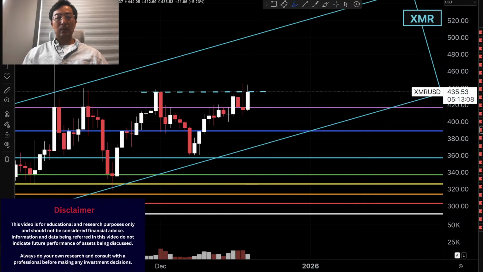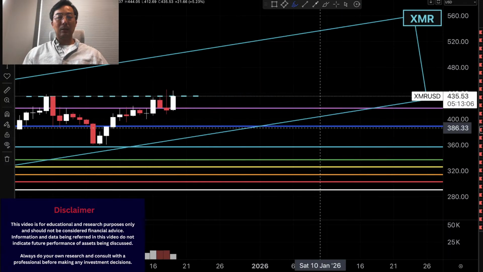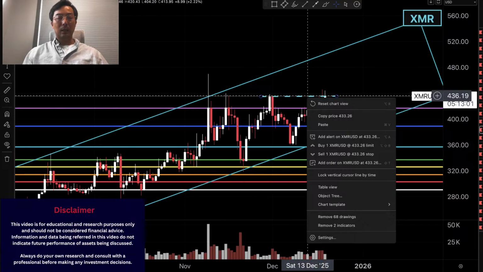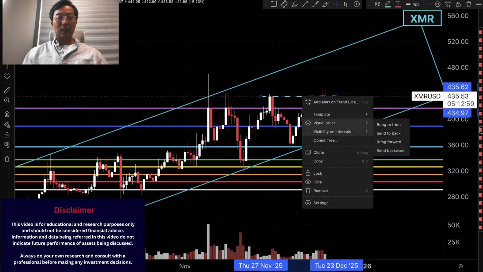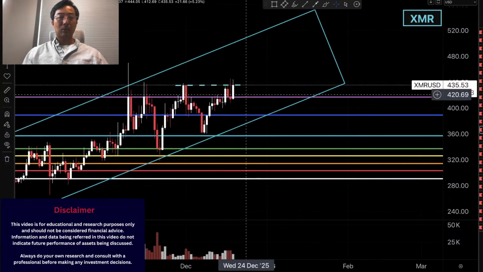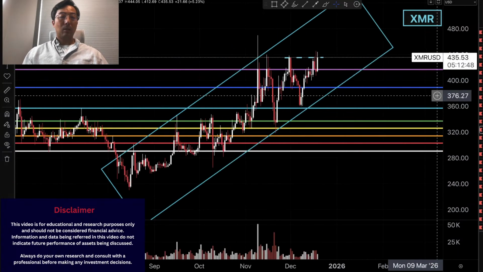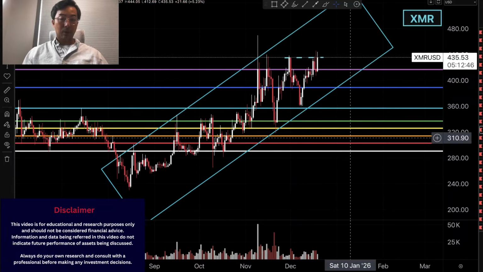It doesn't seem to me there's sufficient strength as of this moment. Let's keep this line over here and see whether it's going to get rejected and start to come back to this point, because there are a couple of reference points over here.